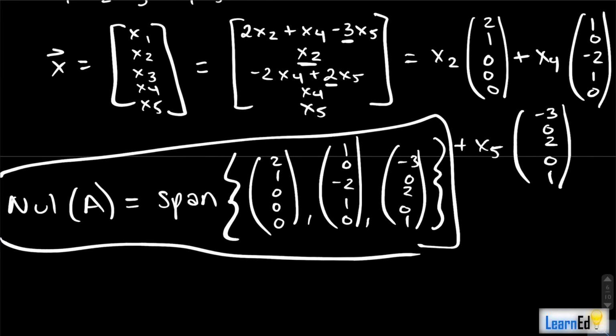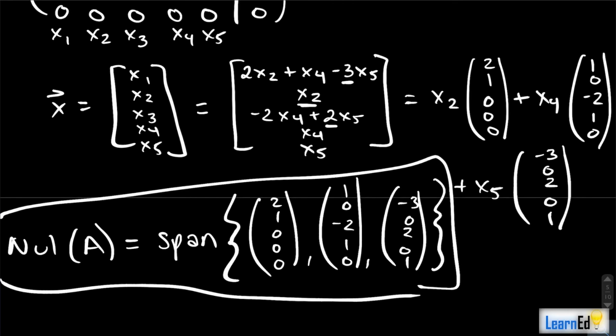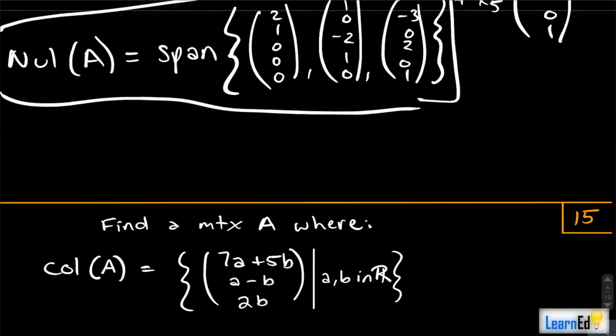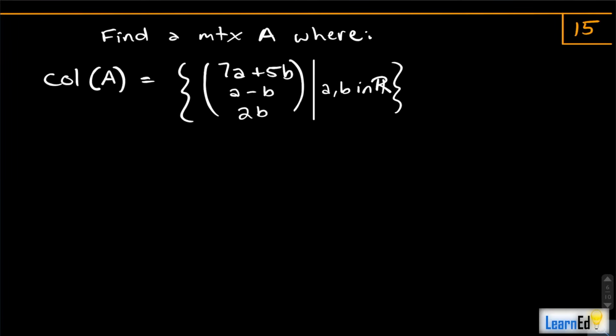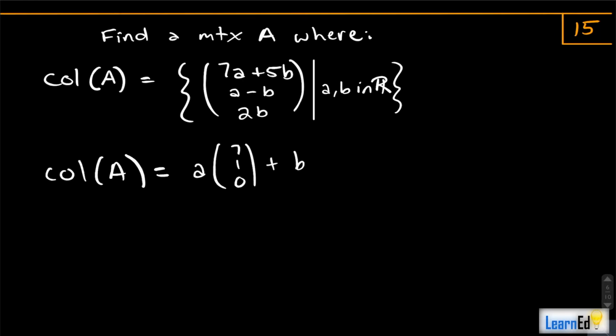So in the last problem, we had the x vector described similarly to this, but then we broke it up and formed a span. So this is kind of like an alternate form. We can break it up and say that the column space of A equals A times 7, 1, 0 plus B times 5, negative 1, 2.